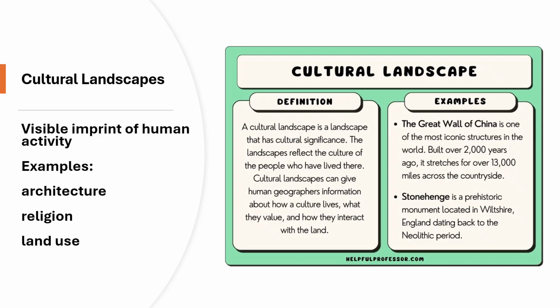If you look at an example of cultural landscape on your screen, the Great Wall of China is one of the most iconic structures in the world. It was built 2,000 years ago. Stonehenge in England, dating back to the Neolithic. These are parts of cultural landscape. It can be as simple as signage or types of businesses.